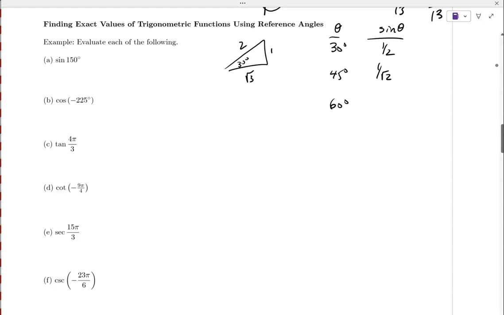And then 45 degrees would be 1 over square root of 2. Good. And 60 would be? Good. Yeah, square root of 3 over 2. Exactly. Right? What's cosine look like?